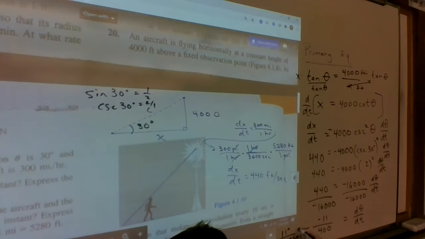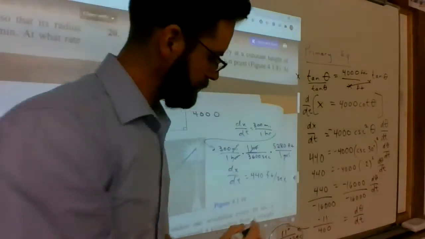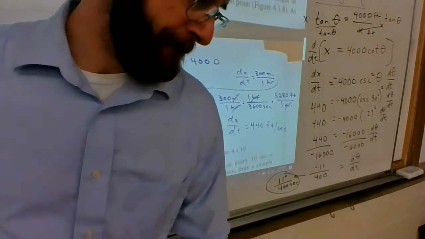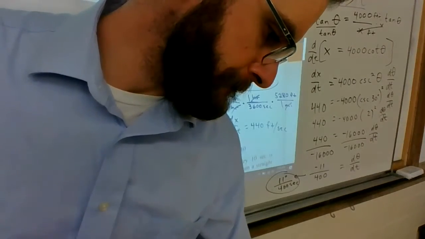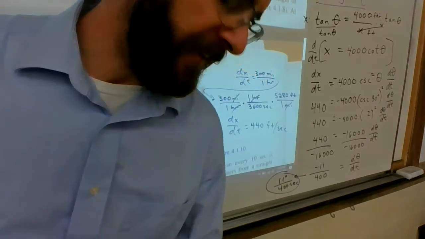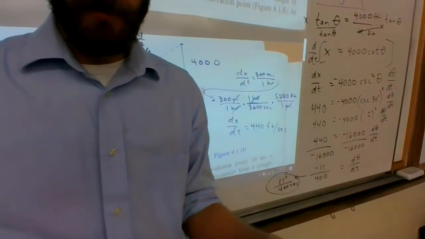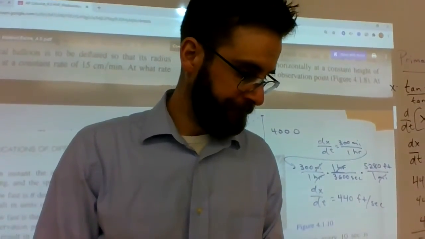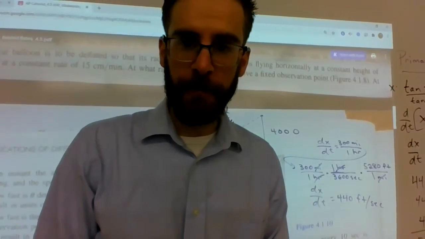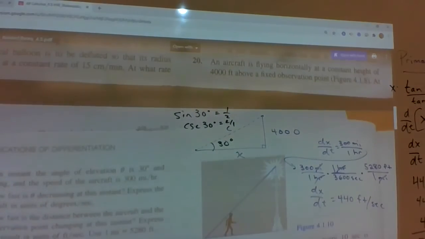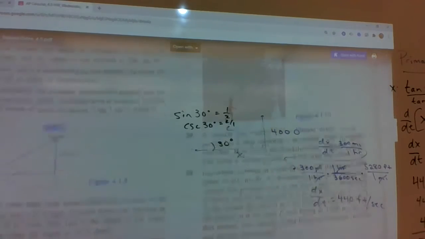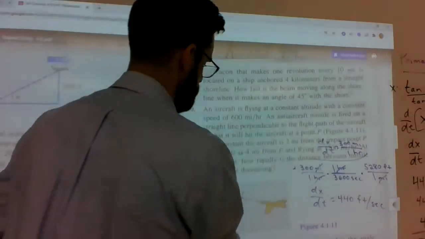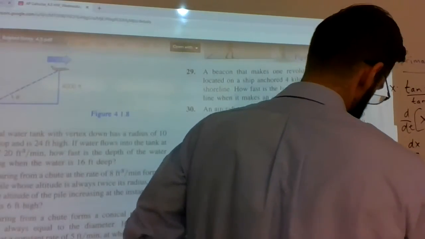Which, if we interpret that, should come out to be 11 degrees every 400 seconds. And that's what that shapes out to be. Okay.